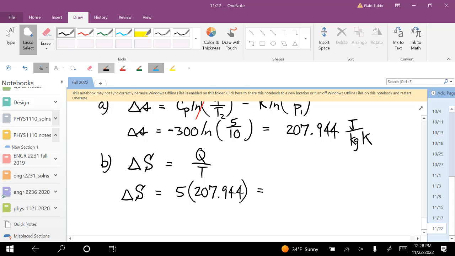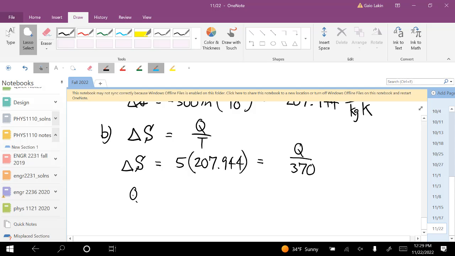And that's equal to the heat transfer divided by the temperature at the boundary, which is 370. And so you get that Q is 384 times 10 to the third joules.